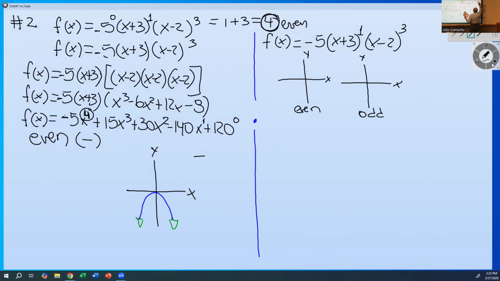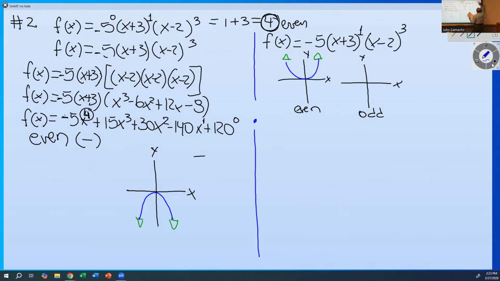We know that if it's an even positive, it will rise in the left and rise in the right because it's a parabola. It's a parabola. It will touch and bounce.